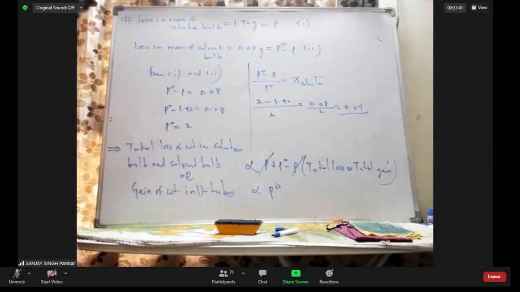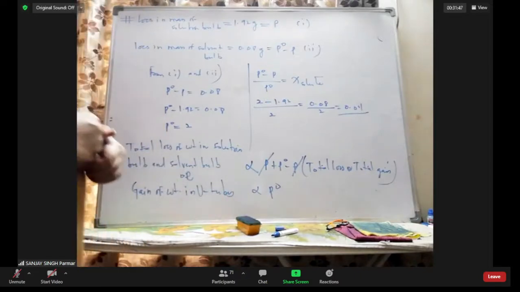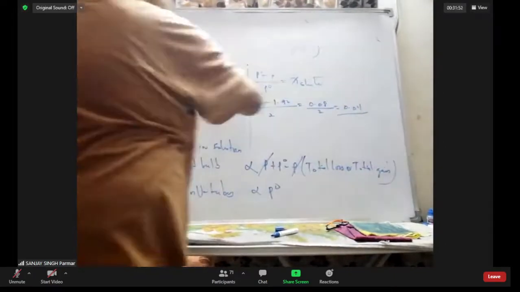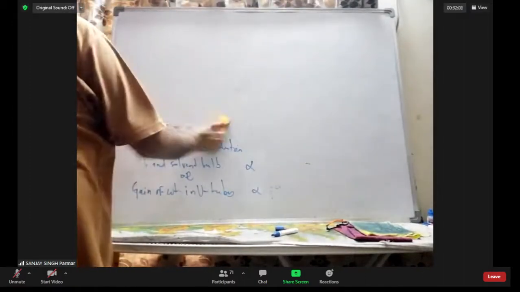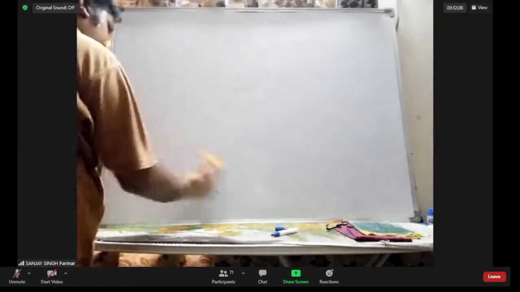Now I'll go for the second colligative property, which I mentioned yesterday, that is elevation of boiling point.